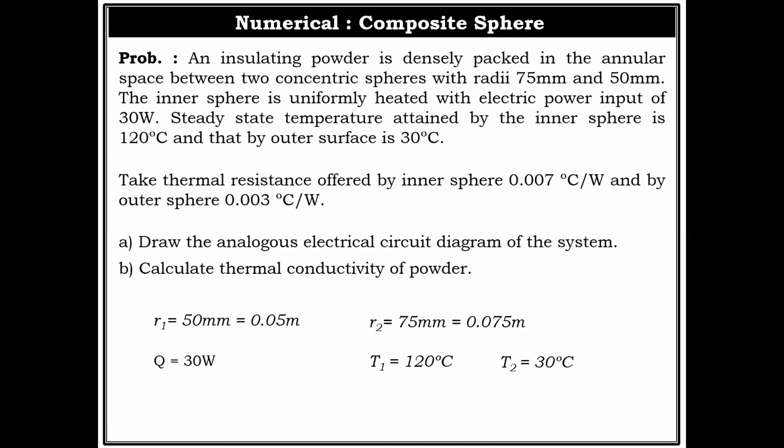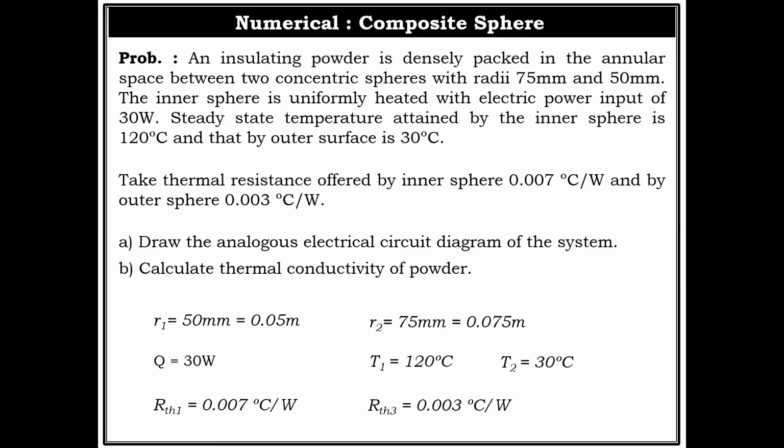Take the thermal resistance offered by the inner sphere as 0.007 degrees centigrade per watt. Whatever the material of the inner sphere, it has a resistance and that resistance is directly given. In the same way, the outer sphere has resistance R3 of 0.003 degrees centigrade per watt.